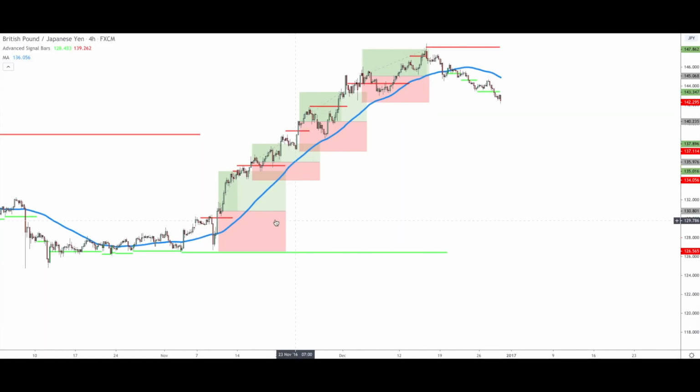The uptrend is over and the price is now trending down. We can confidently say that we closed 4 winning trades, but now the price is moving to the downside. Actually, it is offering interesting opportunities. They are all valid selling opportunities.